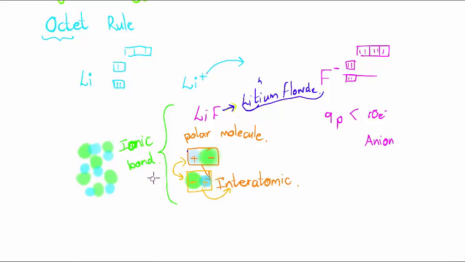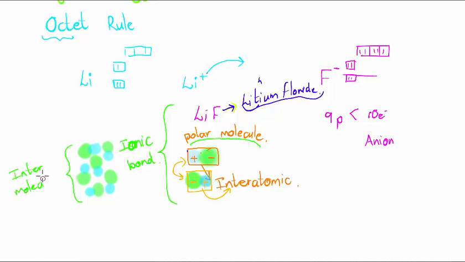Okay, and now in ionic bonds we'll always have polar molecules, and the forces that exist between polar molecules are very strong forces, and those forces are called intermolecular forces.